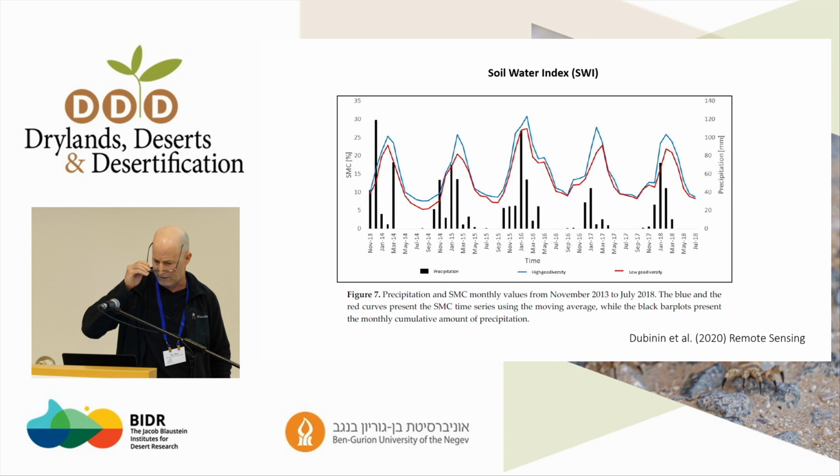And this is the soil water index, over 5 years between 2013 and 2018. So as we can see here, the soil water index is consistently greater in the heterogeneous hill slopes in blue than that in the homogeneous hill slope in red.